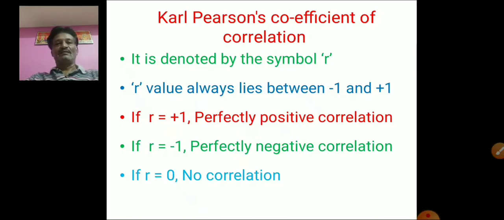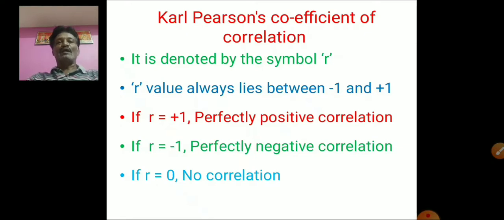Right? If it is plus 1, perfectly positive correlation. If r is minus 1, perfectly negative correlation. Then if r equals 0, that means no correlation. The given variables are not at all correlated with each other. No correlation is otherwise called nonsense correlation or spurious correlation.